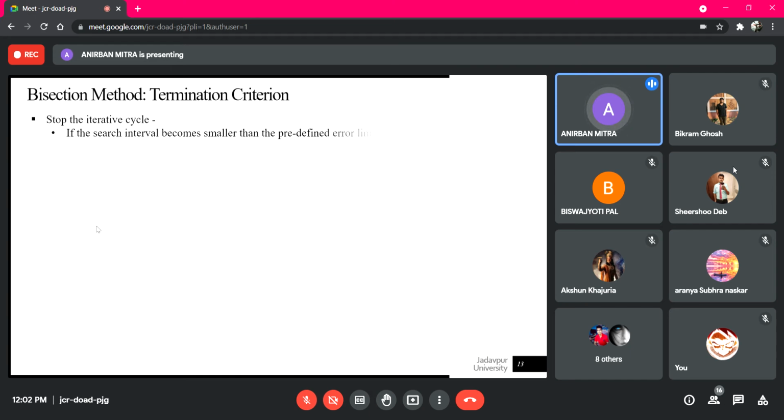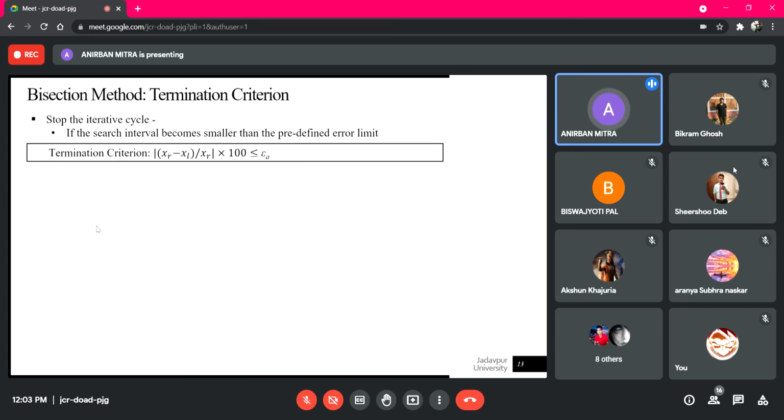Now we talk about the termination criteria. I think we have talked about this quite a lot in general terms, as well as in case of the bisection method. We stop the iterative cycle if the search interval becomes smaller than the predefined error limit. How can we express this mathematically? The search interval is XR minus XL.